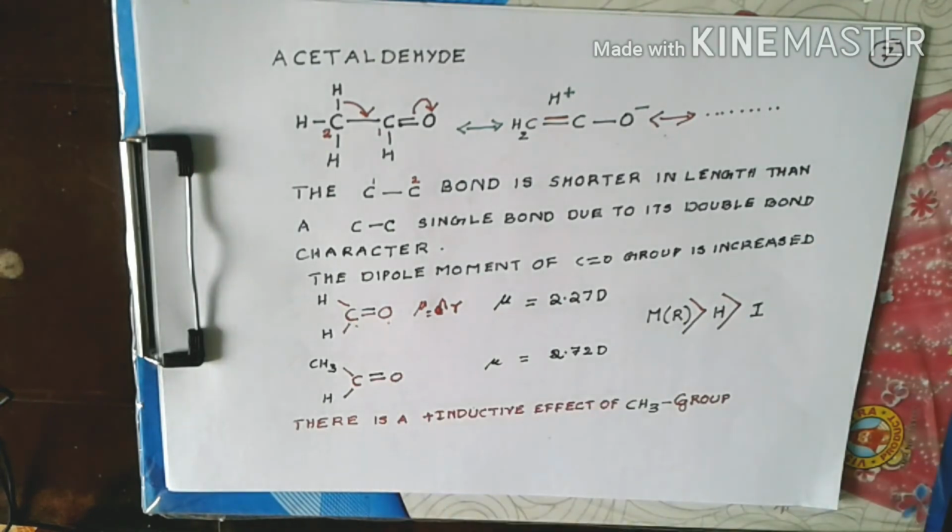The magnitude of that partial charge over carbon or oxygen is called delta, and R is the distance between the nuclei of carbon and oxygen. Now here, as delta increases, mu increases.